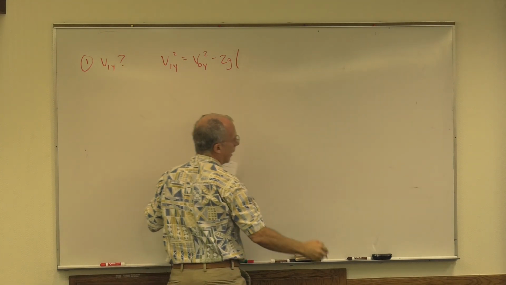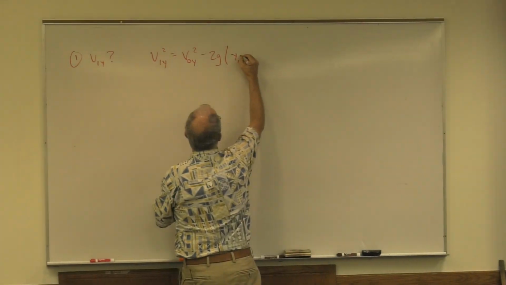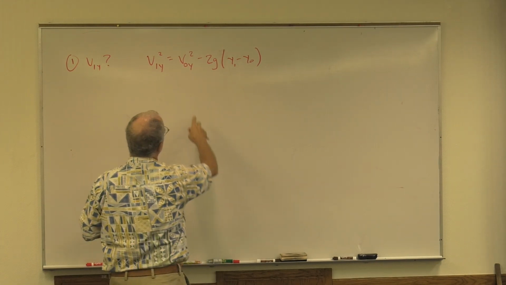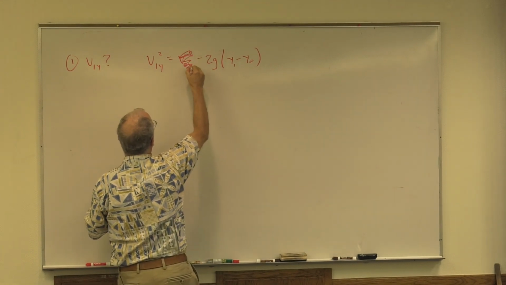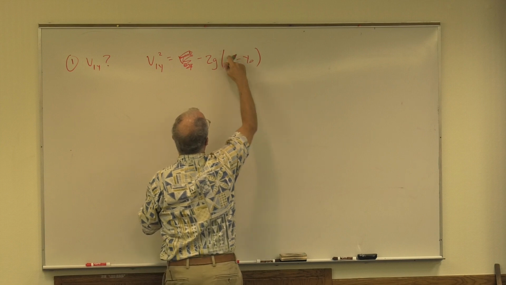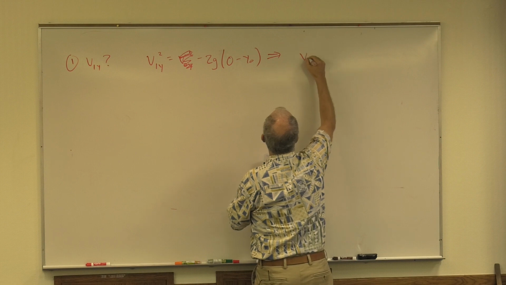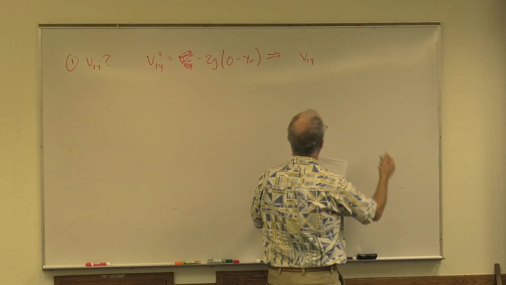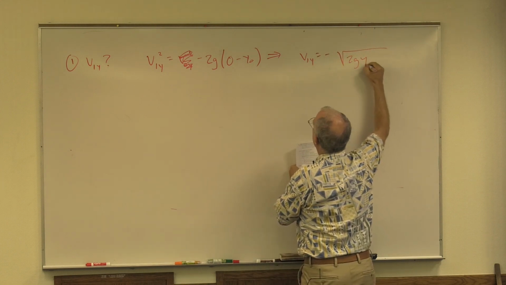So delta y is final minus initial, so y1 minus y0. Okay, now what's v0y? It is 0, so goodbye. And what is y1? It is 0, so we'll put a 0 there. Okay, so therefore, we have v1y. We can take the square root, and we're going to insert a negative because it's going down, equals negative square root 2gy0.